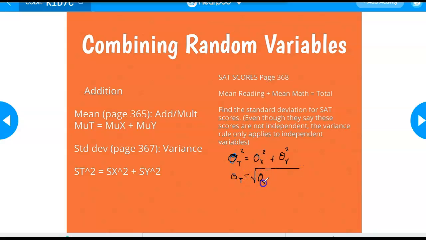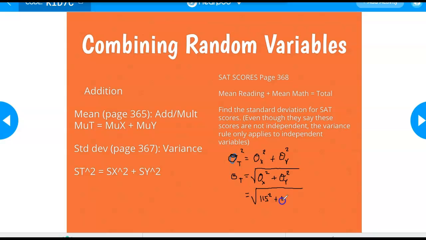So what I want you to do right now is just plug in the standard deviation of x, which is 115, and the standard deviation of y, which is 111, into this formula. And we cannot just add the two numbers together. 226 is not the standard deviation.